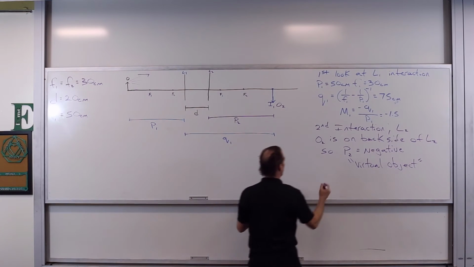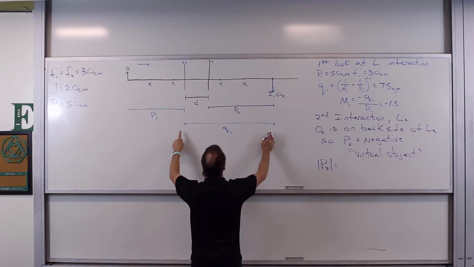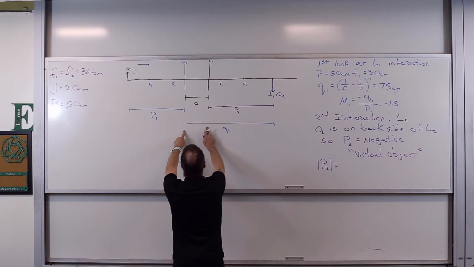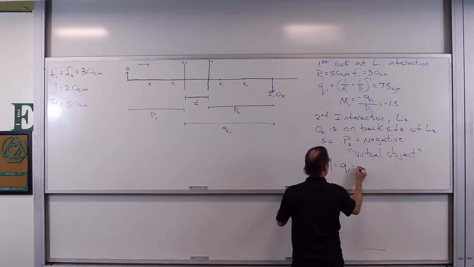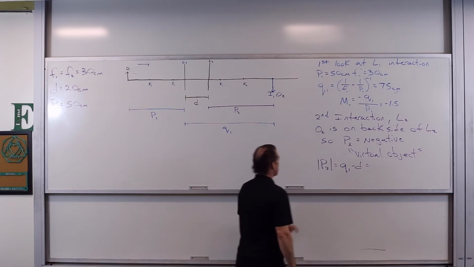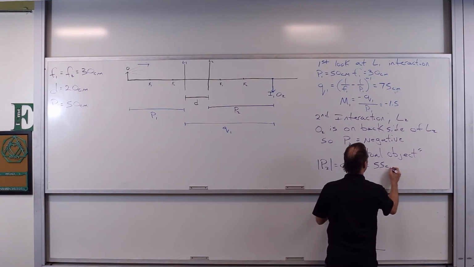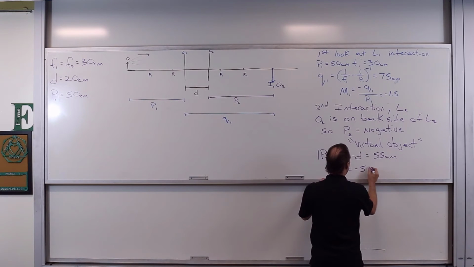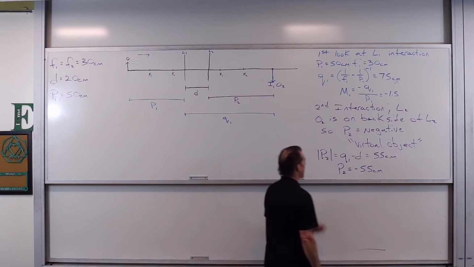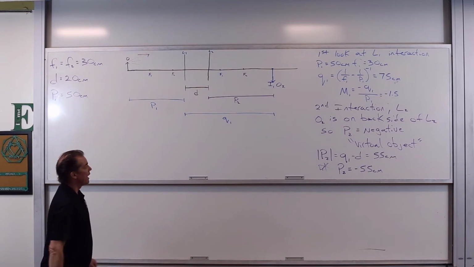So the absolute value of P2 is equal to Q1 minus D in this particular case, which is 75 minus 20, which is equal to 55 centimeters. So P2 itself is equal to negative 55 centimeters. So that's what we've got going on.